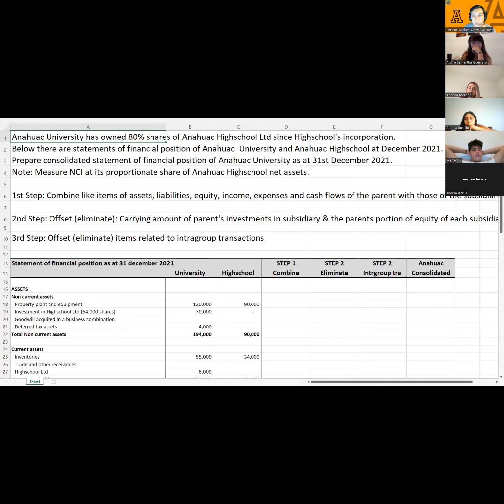Okay. So guys, the first step is to combine items of assets, liabilities, equity, income, expense, and cash flow of the parent with those of the subsidiary. Who is the subsidiary? The high school?